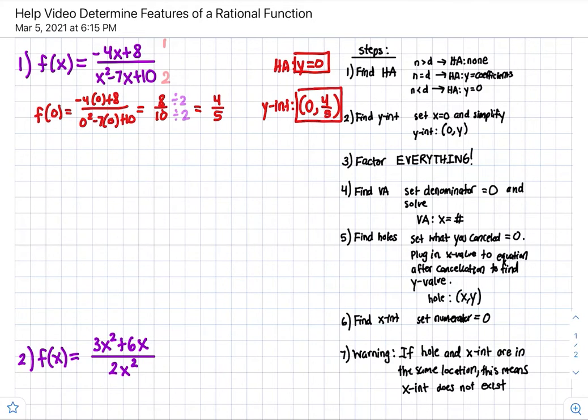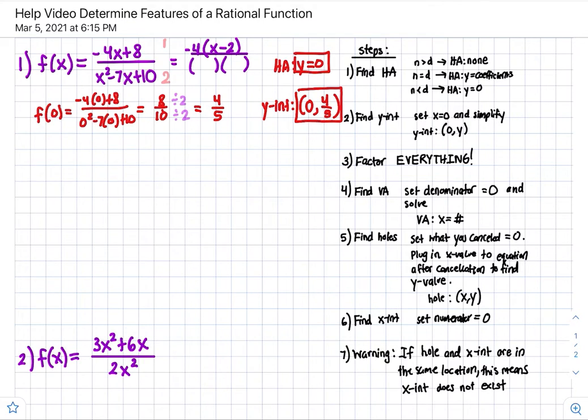Now, step number 3, let's just factor out everything. We can factor out a -4 up top, because there's a negative in the front. So it'd be x minus 2. -4 goes into -4 one time. -4 goes into 8, -2 times. And then the bottom, you factor using your x method.